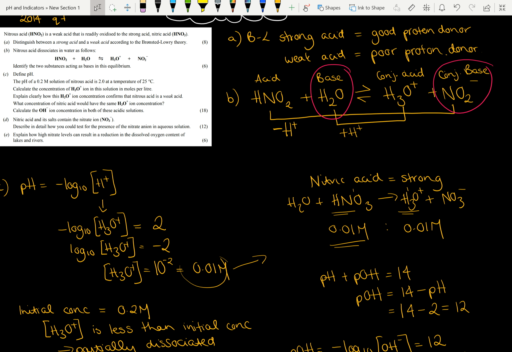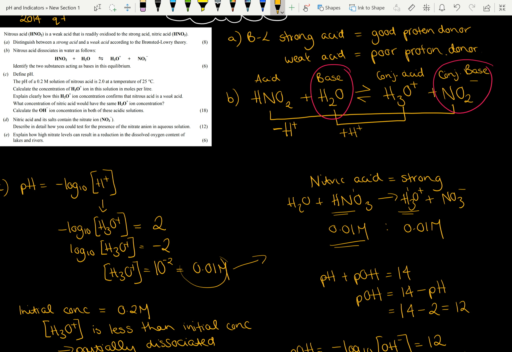And then part E is linked with our water chapter. Explain how nitrate levels can result in a reduction in the dissolved oxygen content of lakes and rivers. So that brings us back to our eutrophication. So nitrates are used by algae, and if we've got a high amount of nitrates, it results in a rapid growth of our algae.